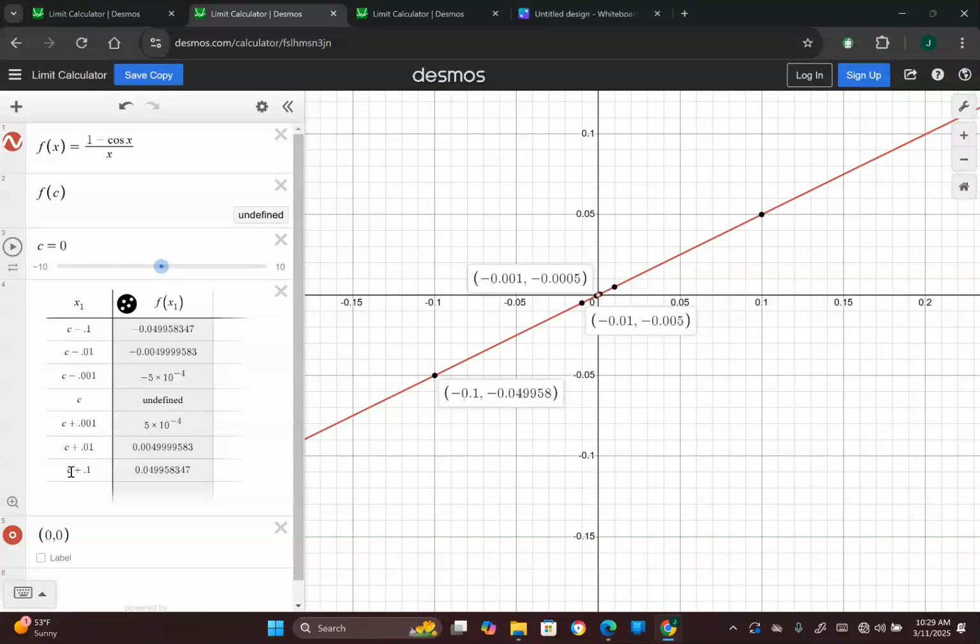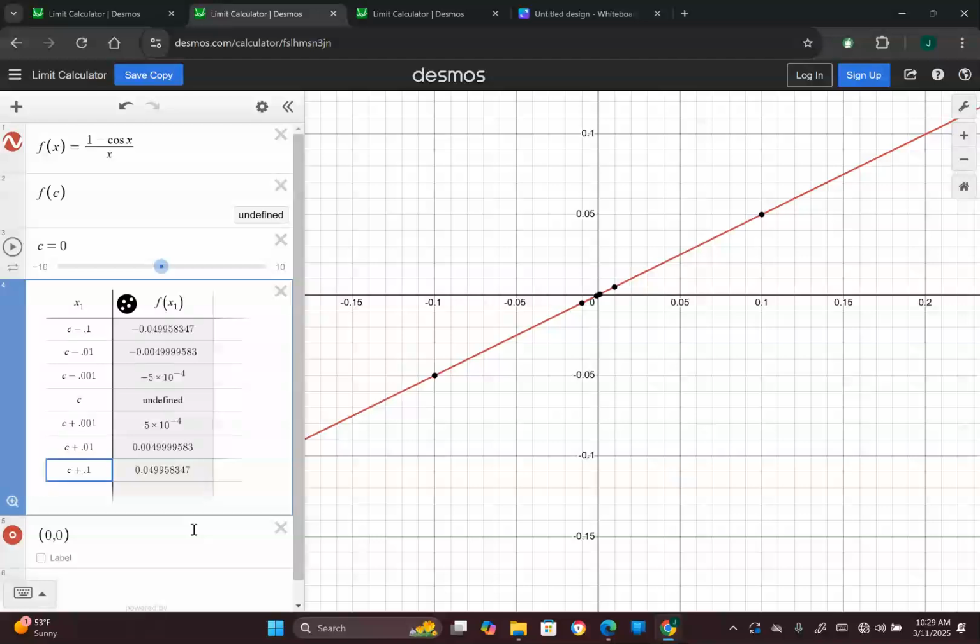Now, if you look at the right-hand side, 0 plus 0.1, I get 0.049. 0 plus 0.01, I get 0.0049. 0.001 to the right. Here are those points on the graph. They're getting closer and closer and closer to 0 as well.